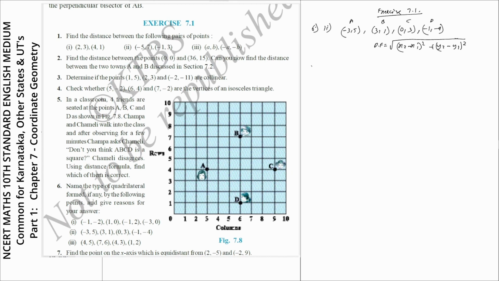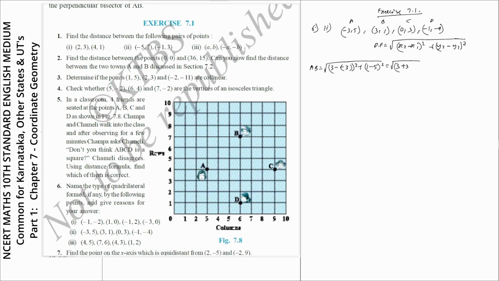Therefore length of AB is given by square root of x2 minus x1 the whole square, that is 3 minus of minus 3 the whole square, plus y2 minus y1 the whole square, that is 1 minus 5 the whole square. So this is equal to 3 minus of minus 3 is plus 3.